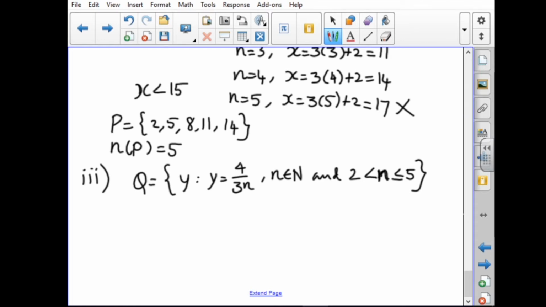So you have to apply the n values, 2 less than n less than or equal to 5. That means 2 is not included, but 5 is included. That means 3, 4, 5 are the n values.